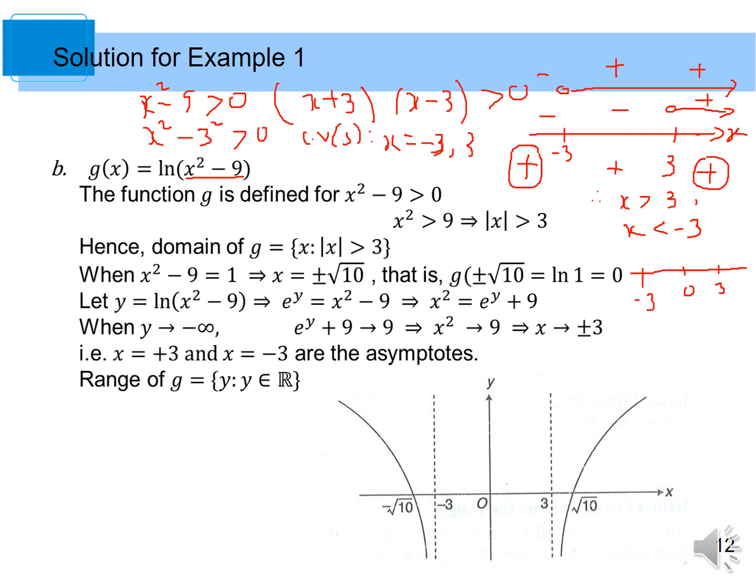The value here only, and here on this side, before negative 3, sorry, only can be substituted into this function. The value between here can make the function undefined, and this domain can be written in this form we call absolute value function.